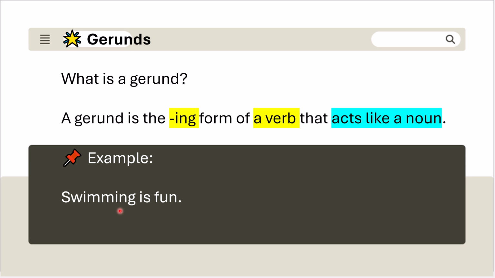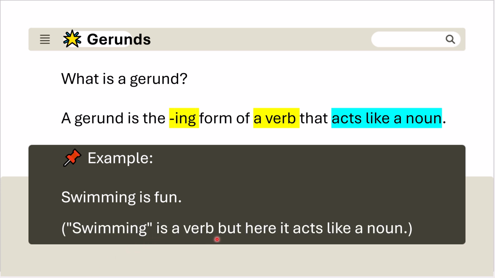So when the verb is acting like a noun, that is called a gerund. Look here, swimming is fun. And you see swimming, the word swim, it is ending in ing. So here, this is called the gerund because swimming is a verb, but here it's acting like a noun. So in this sentence, it is working like a gerund.